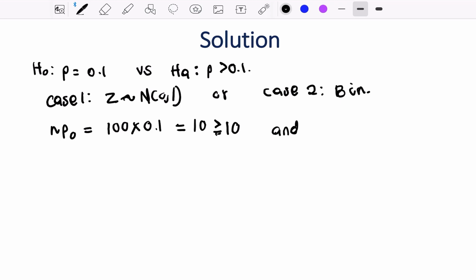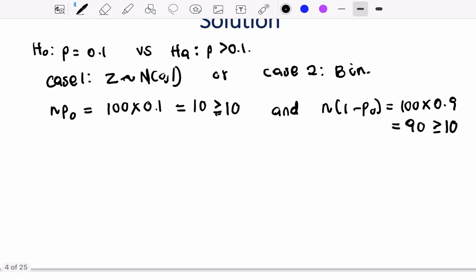And now check another, remember, n into 1 minus P naught, which will be equal to 100 multiplied by 0.9. 90% of 100 is just 90, right? Which is greater or equal to 10. So now you check whether all the requirements are met for a large sample size.